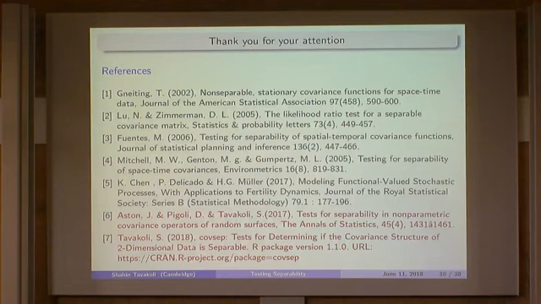In our case, it really depends on whether you capture in your projection the direction of departure from separability. So it wouldn't be consistent. If the angle between your projection and the departure from separability is different from pi over 2, then I think you have perfect power asymptotically.